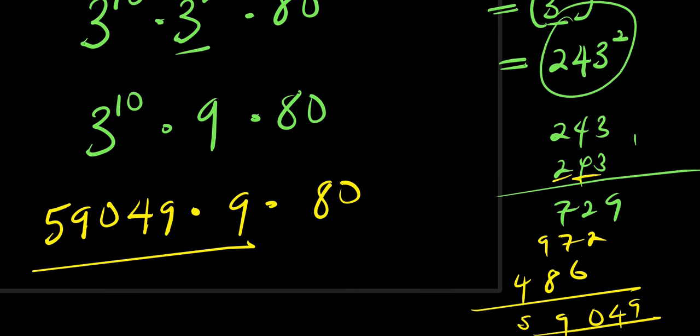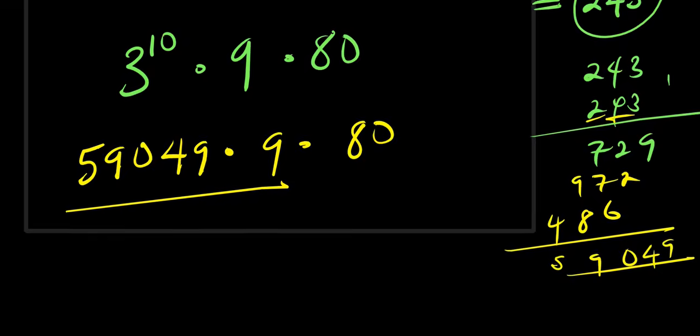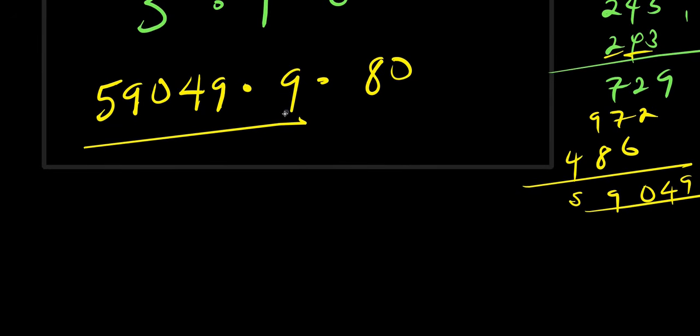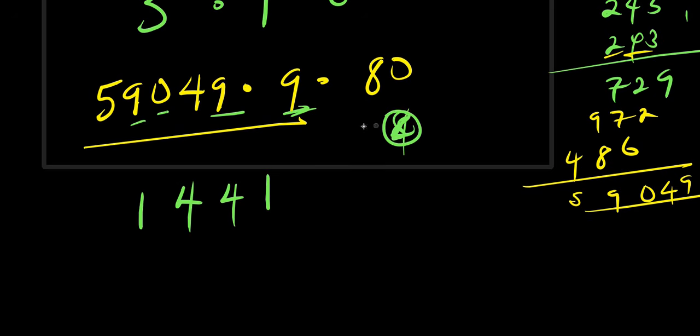Let's multiply this out. 59,049 times 9. 9 times 9, 81, 1 carry over 8. 9 times 4, that is 36 plus 8, 44, 4 carry over 4. 9 times 0, 0, 0 plus 4, I have 4. 9 times 9, 81, 1 carry over 8. 9 times 5, that is 45 plus 8, 53.